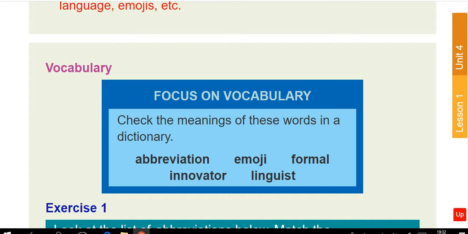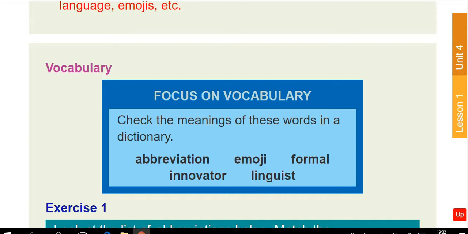Then we have the word innovator, and innovator means creator. It means someone who creates new things or makes new things. Of course it's a noun which represents a person.